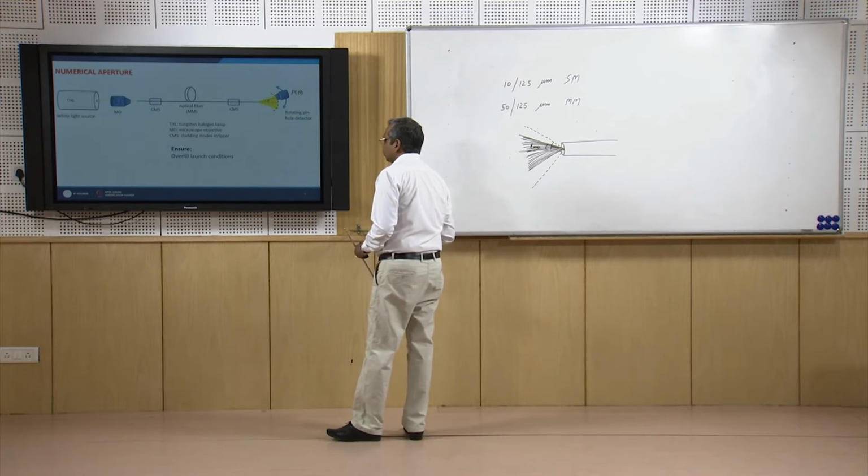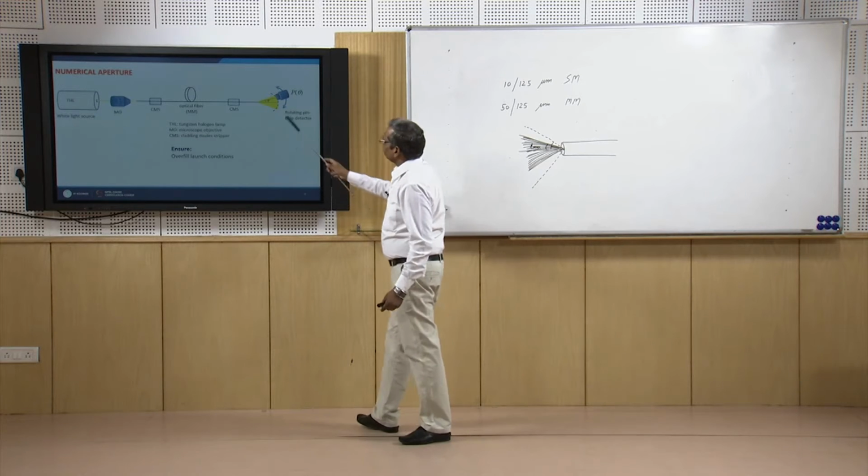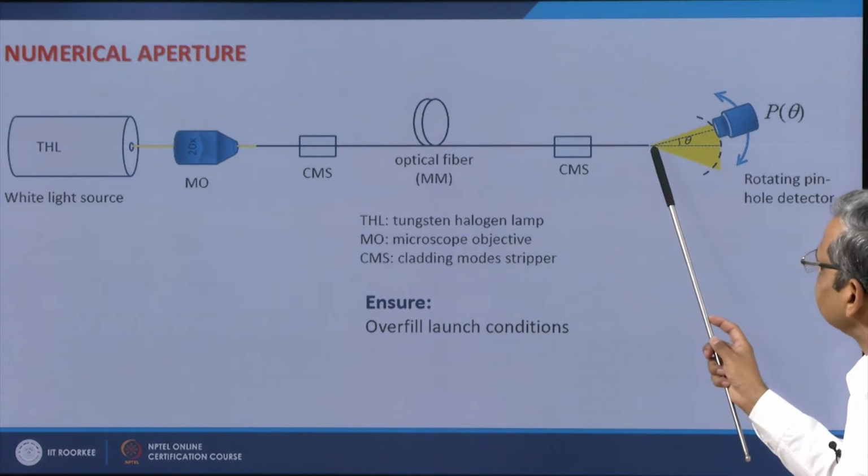So, we will have to ensure that. Now, what you do at the output end, the light emerges out in this cone and you put a detector on a rotating stage which is rotating about this end of the fiber.